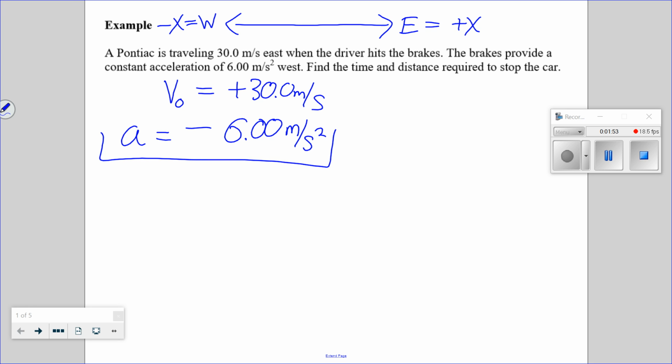What if I say, okay, find the time and distance required to stop the car, I'm going to use delta x instead of x minus x0. While I'm debating that, because they didn't give me any information, let x0 equal 0.